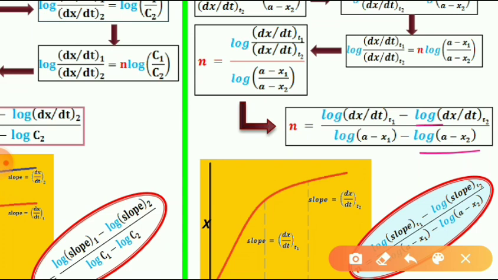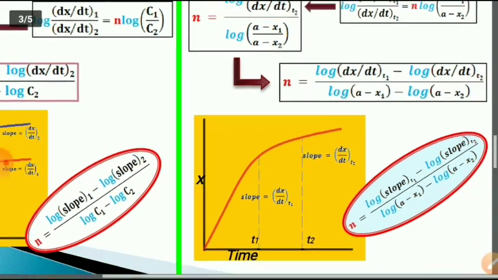This is the formula from which we can calculate the value of the order of the reaction. But for dx upon dt at different times, we have to use the graph.